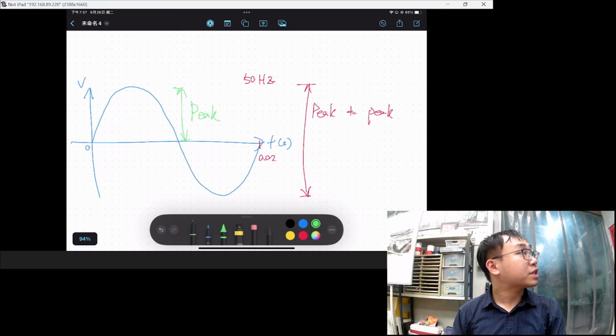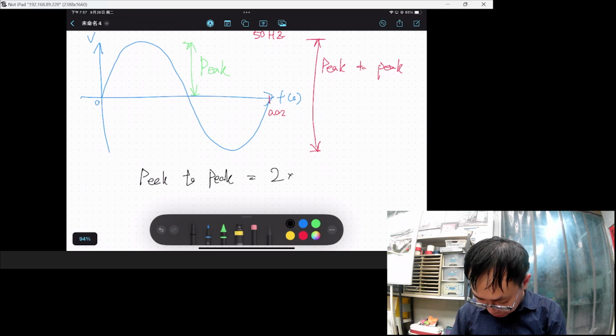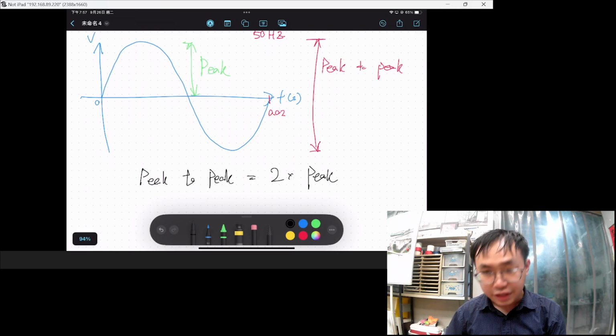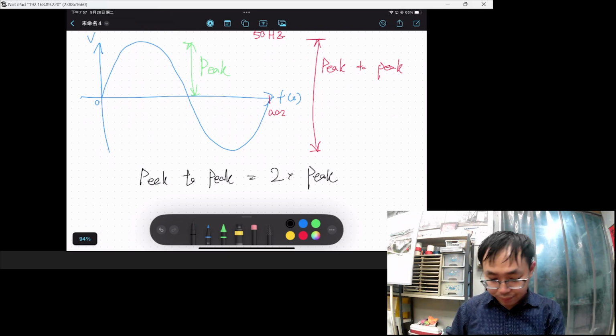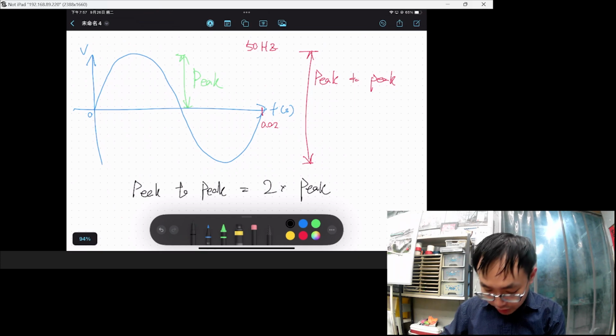So what is the relationship between peak and peak to peak? Peak to peak equals 2 times peak, in a perfect sine wave.